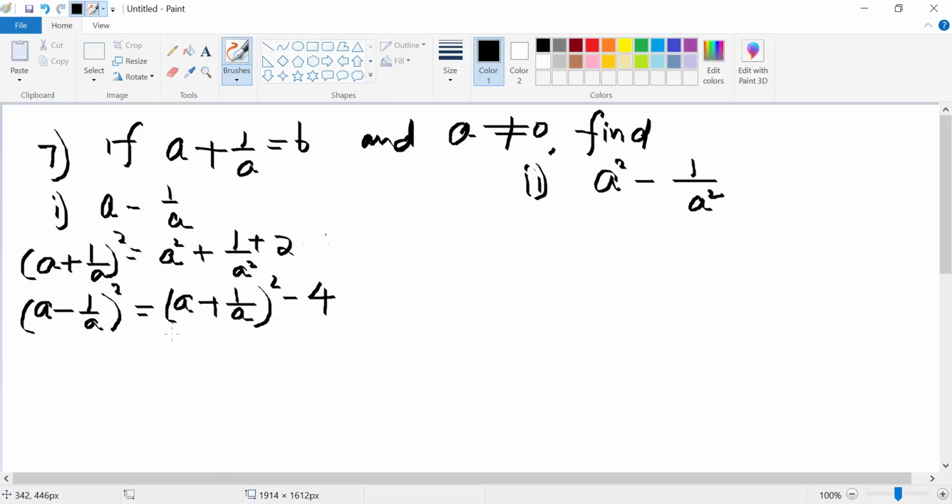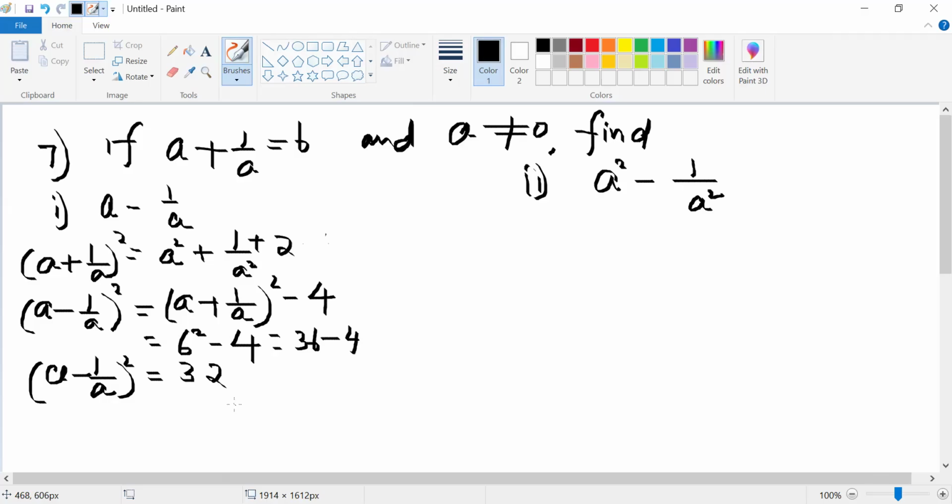So a plus 1 by a is 6. So here 6 square minus 4, which is equal to 36 minus 4. So a minus 1 by a whole square is equal to 32 we are getting. So it's not a perfect square.